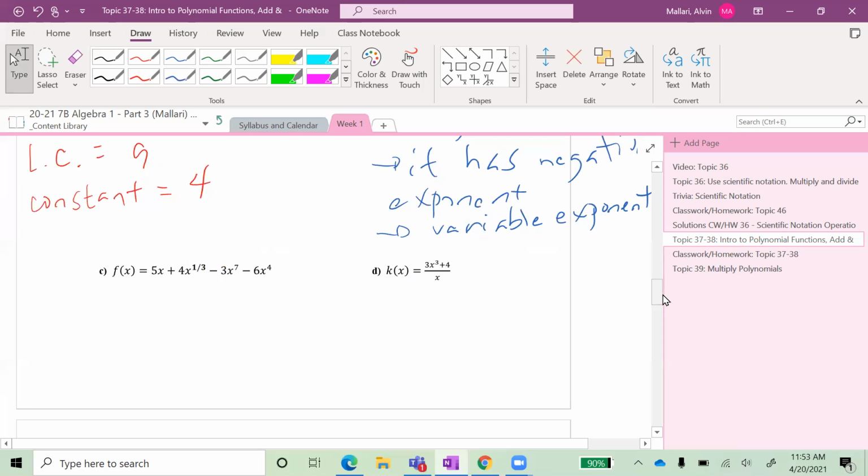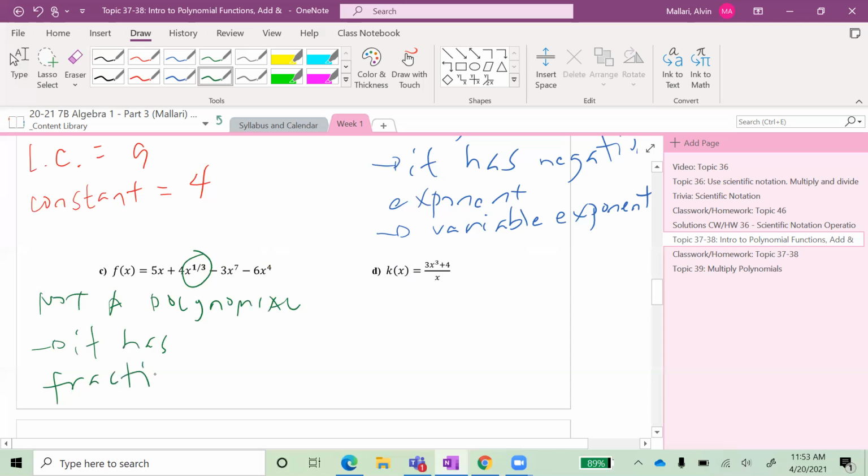Well, for letter C, see how we have a fractional exponent. So this is also not a polynomial because we have a fractional exponent. All right.